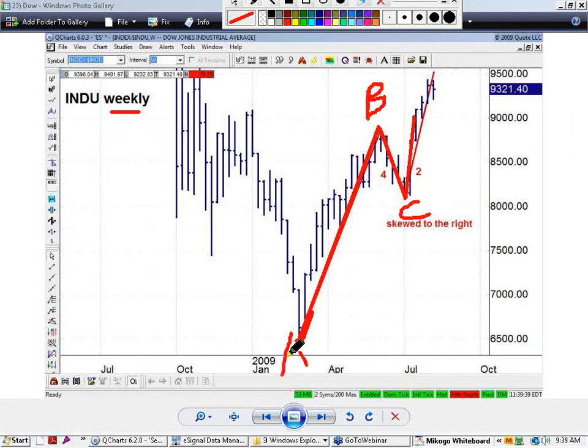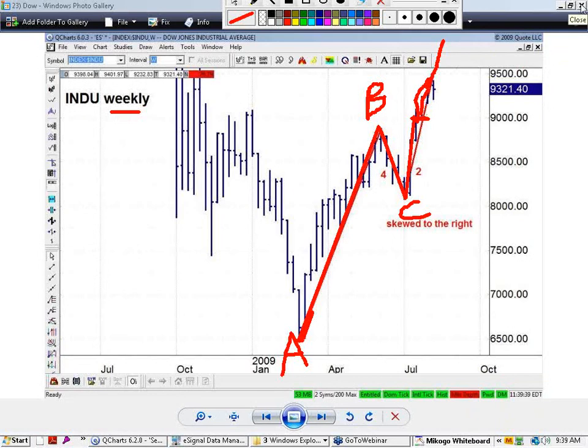Now this large weekly chart has also point C showing up as what? Deep or shallow? It is very shallow. So once it got above here at 9,000, or somewhere about there, I said to everybody, look out above because this is going higher. Yeah, the economy was bad and jobs were still being lost last year, but the market says it wants to go higher on this big weekly chart.